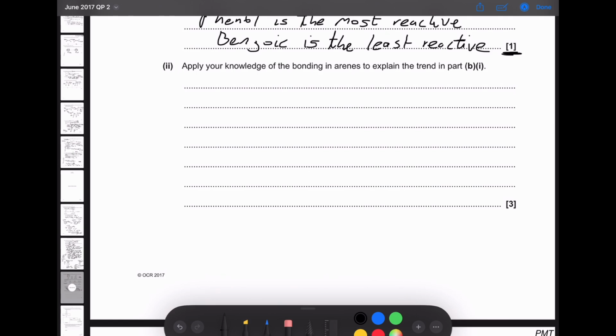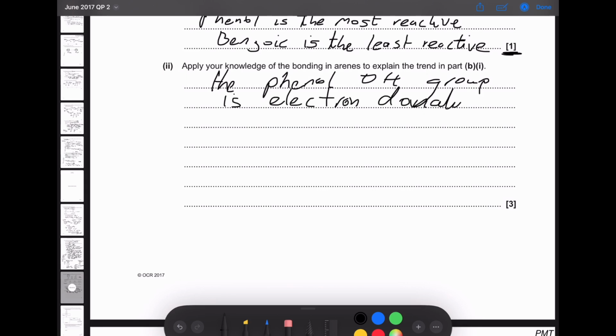So, the phenol OH group is electron donating.